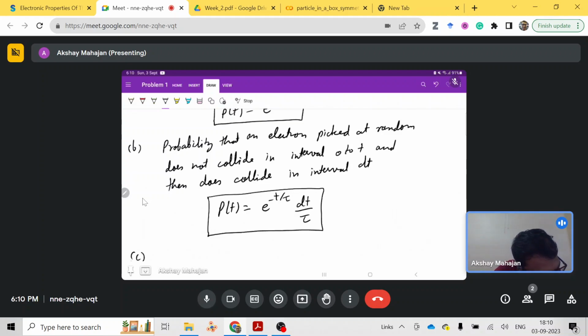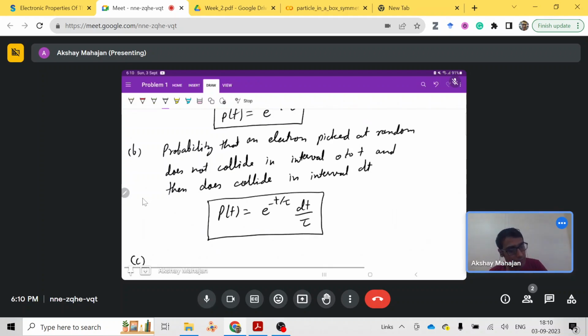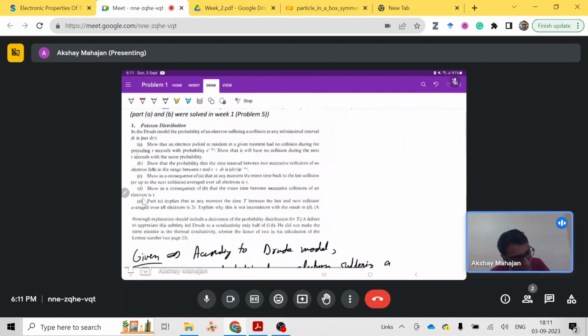Now we are going to solve parts C, D and E. Part C is: show, as a consequence of A, that at any moment the mean time back to the last collision, or up to the next collision, averaged over all electrons, is tau. I just wrote the results from A and B because we have to use them.